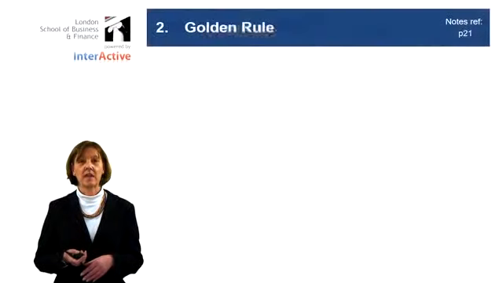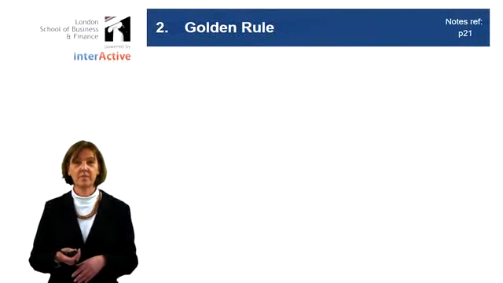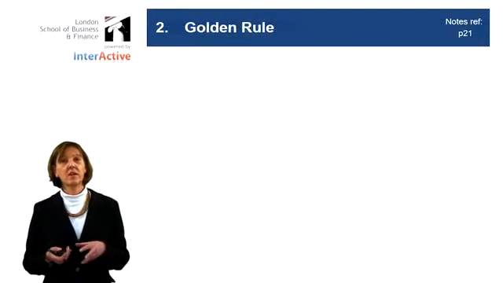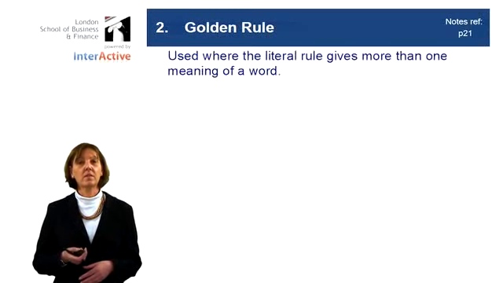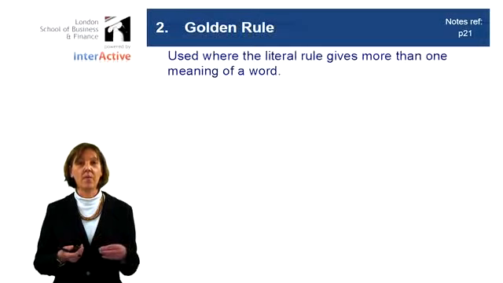Let's now look at the next rule, called the golden rule. Before we do this rule, let's look at the background of when it's used. Well, we use it where use of the literal rule gives more than one meaning of a word.